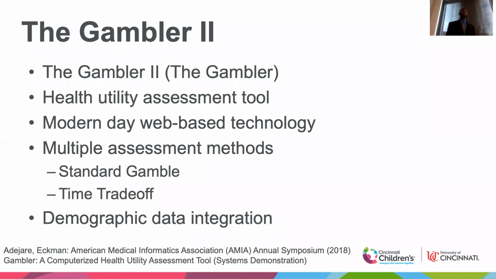Some of these technologies include HTML5, CSS, and JavaScript, and we can use them to implement multiple assessment methods, including the standard gamble and the time trade-off. One of the great aspects of the Exemplar is that we can integrate demographic data into the process, where we can acquire patients' preferences and values, as well as allow for more features to be enabled in the process.